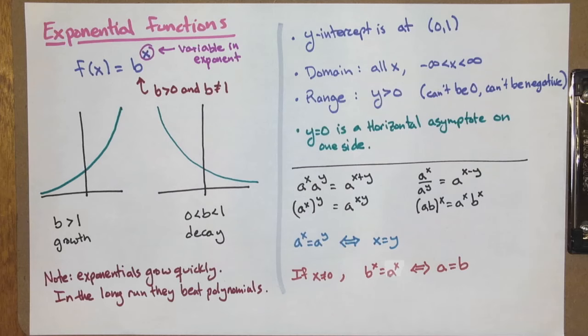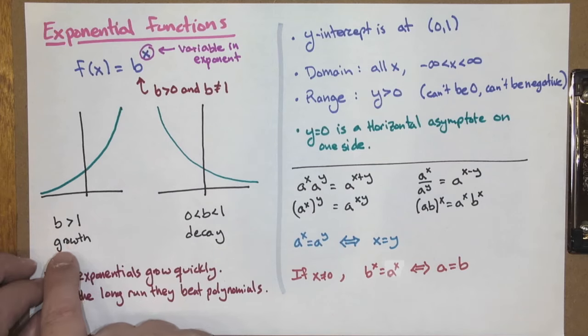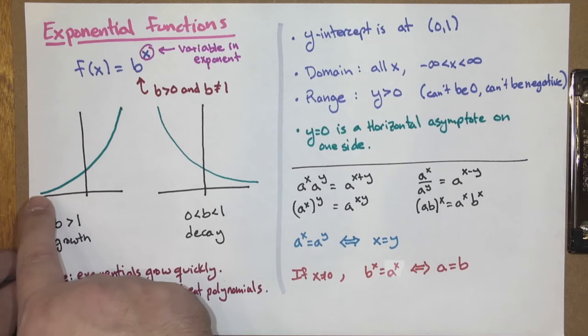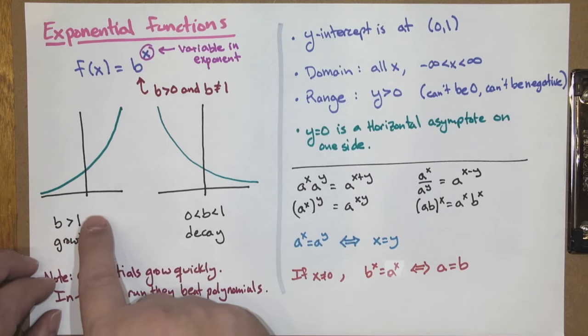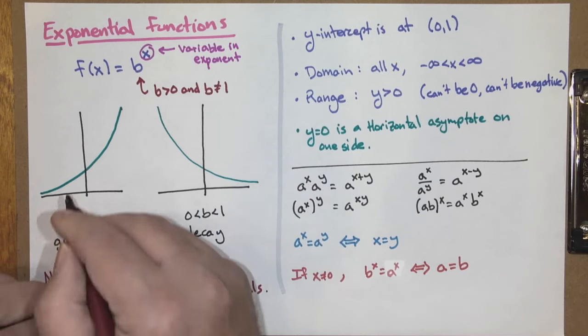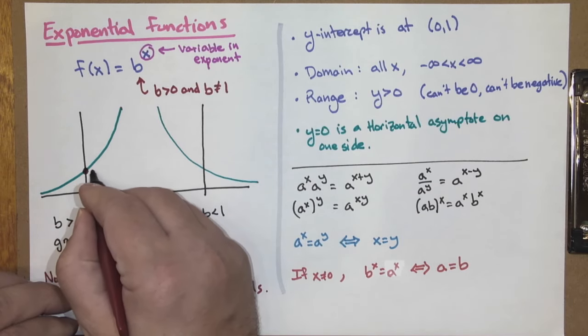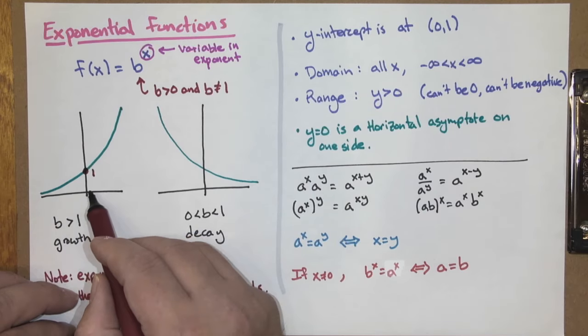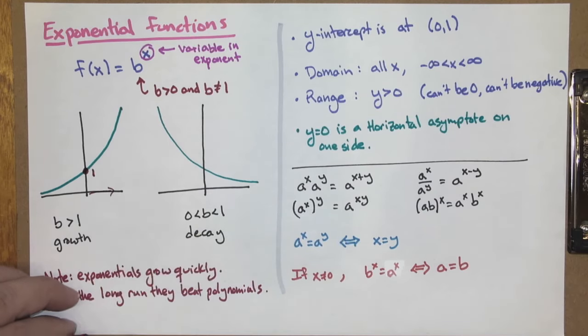Now, what will happen? If b is greater than 1, that's going to correspond to growth, and our exponential function does the following. We're going to cross b to the 0 is 1. And as we move to the right, so in other words, increasing values of the exponent, we're going to get larger.